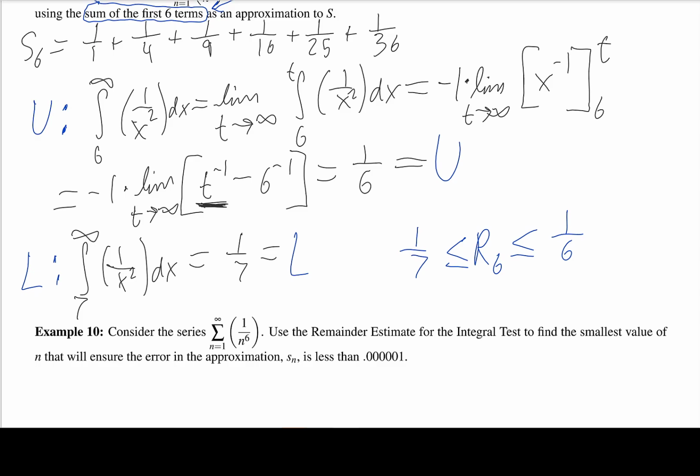So now let me show you how we would write that in words. So I'm going to move this a little bit.